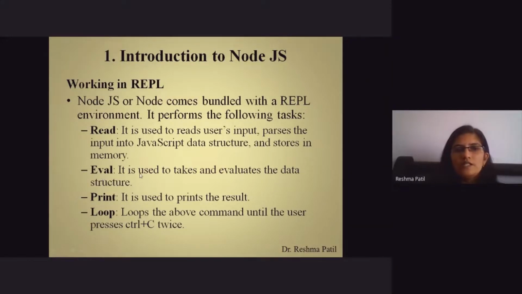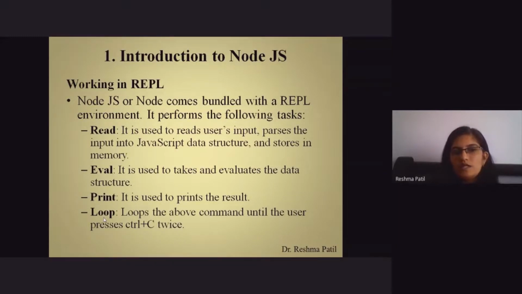Then eval, it is used to take and evaluate the data structure. Whatever instruction you have given, for example, A plus B, means here we have to do addition of A and B. So that will be done in this part, evaluation. Then print, it is used to print the result. Whatever the result of A plus B, that is going to be printed at this stage. And again, loop means that sign, the arrow.